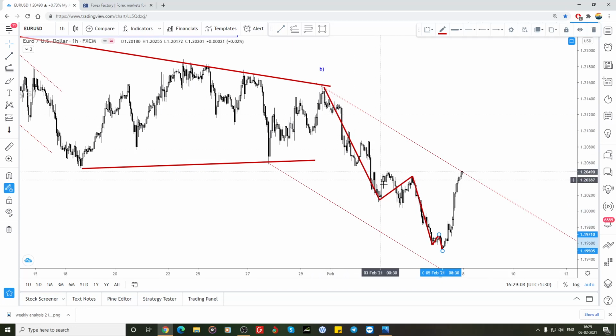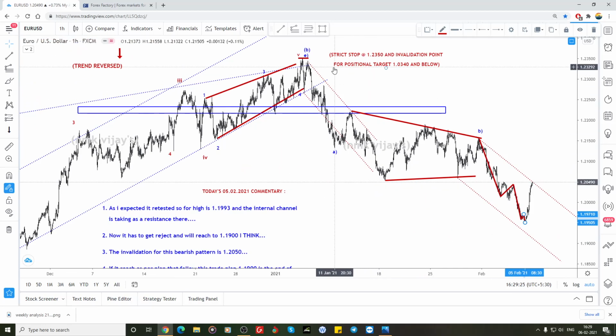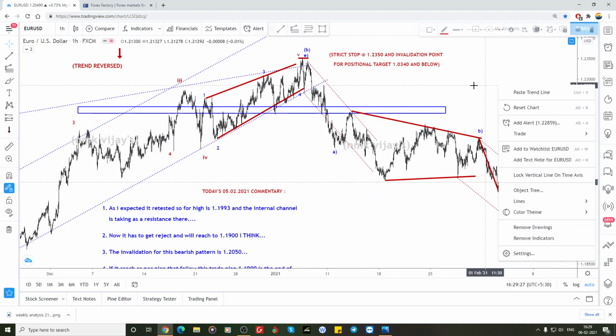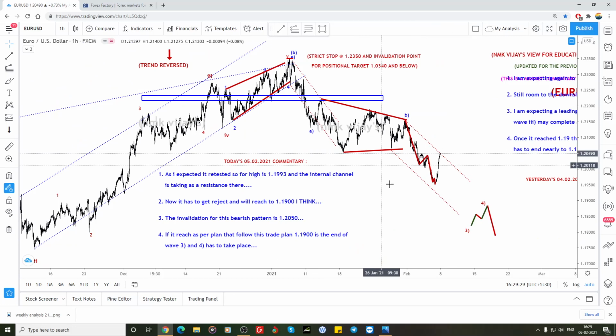So this is looking like a wedge formation, wave 1 is bigger, wave 3 is smaller than wave 1, and wave 5 is also smaller than wave 3. So it's looking like a wedge formation, and it is already completed. So this is A, B, and C is completed. So now we are in that.